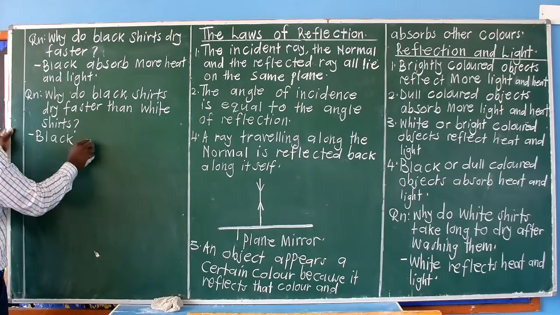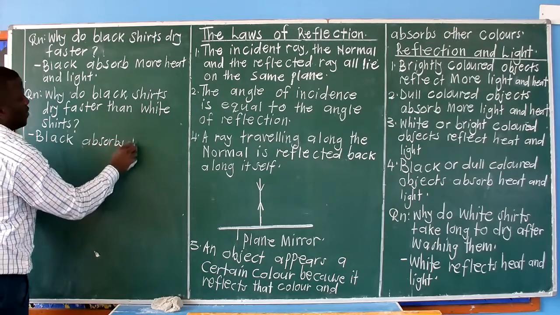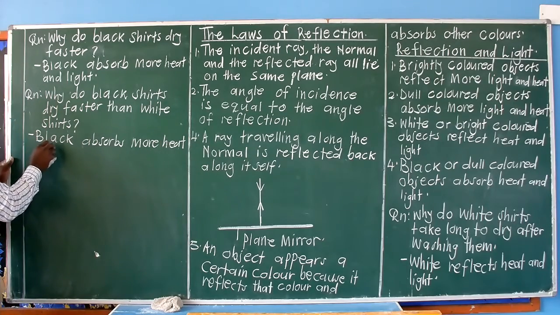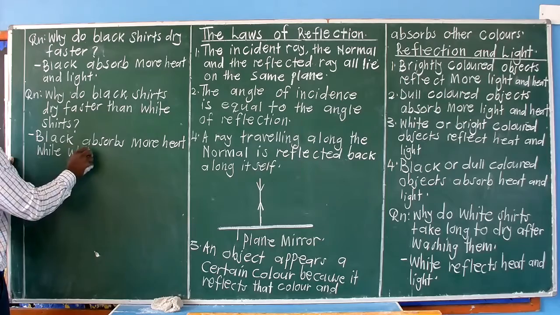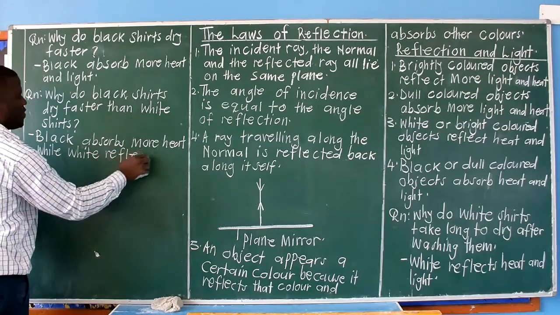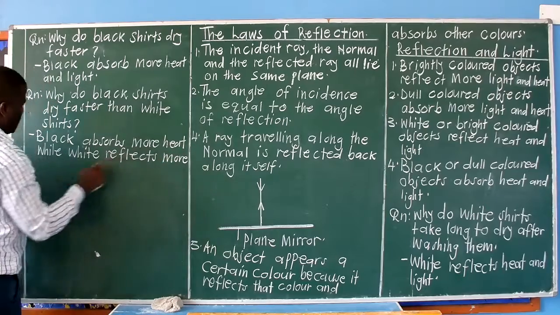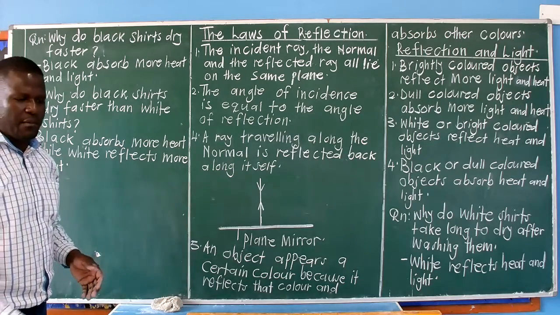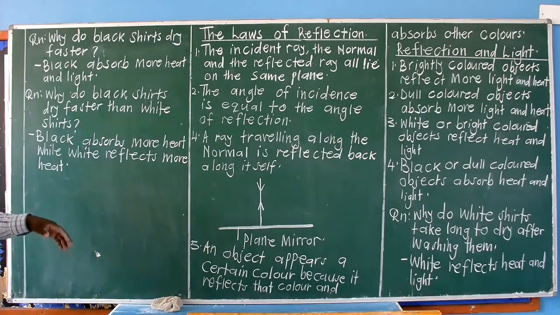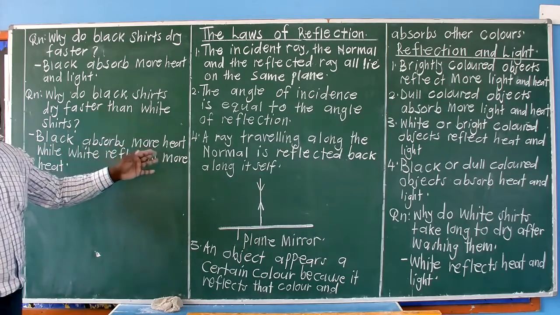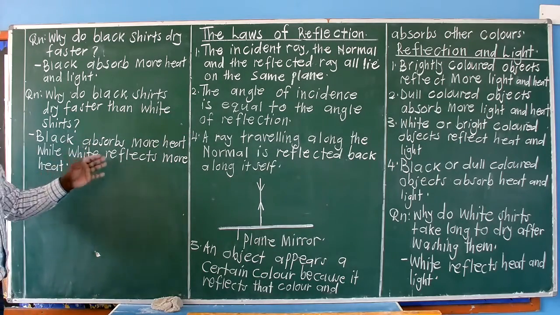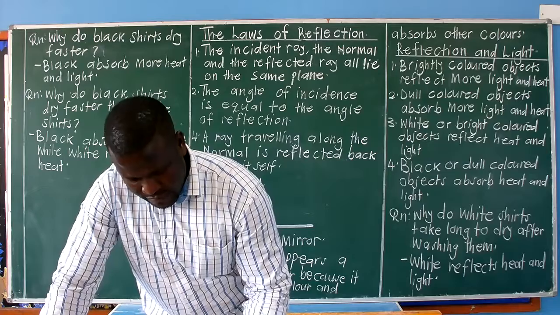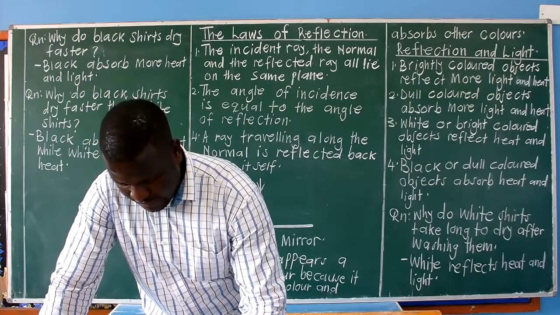Black absorbs more heat, while white reflects more heat. So that means that if you wash the black shirt and the white shirt at the same time and you try to dry them, the one which is black will absorb more heat and it will dry faster. Then the one which is white will reflect more heat and it will take long to dry. It is as simple as that.